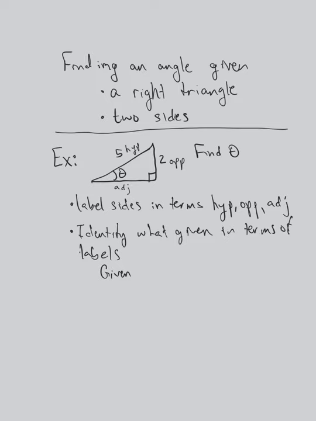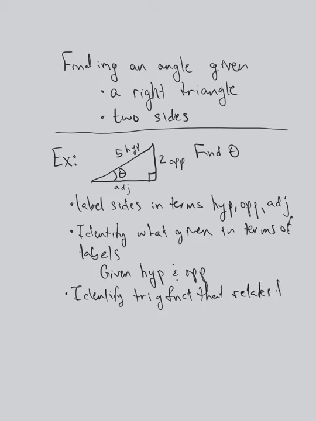We're given the hypotenuse and the opposite. And then just identify the trig function that relates them. Okay, so we were given the hypotenuse and the opposite, and so that's the sine function.